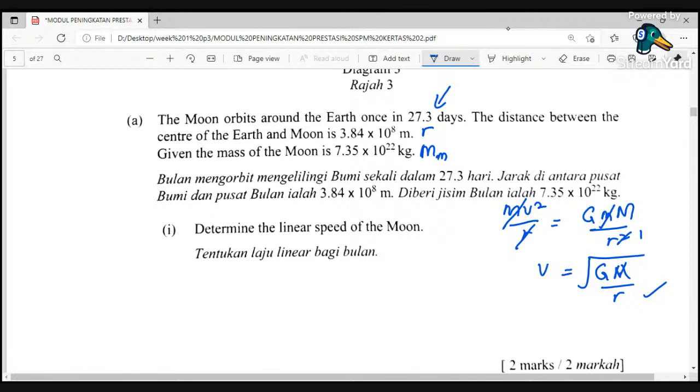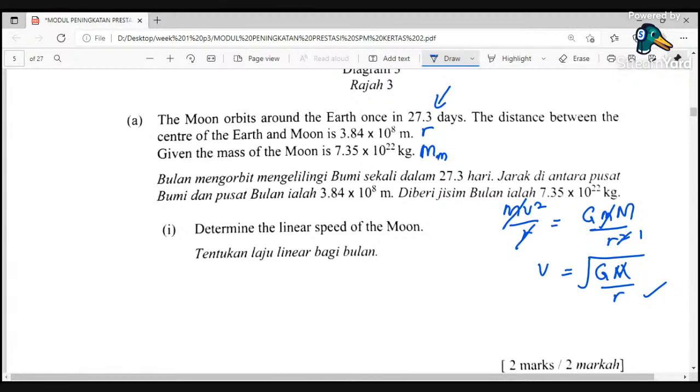Okay, linear speed ni ialah speed semasa satellite to orbit the Earth for example, ataupun Moon orbiting the Earth. Itu panggil linear speed. Kalau escape velocity ialah contohnya launching a satellite to orbit the Earth from the surface of the Earth, to release it, it must achieve a certain value of velocity that we call escape velocity.